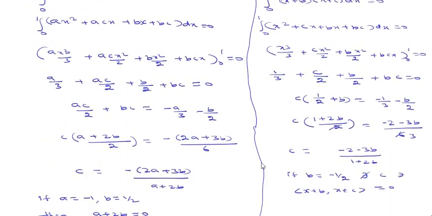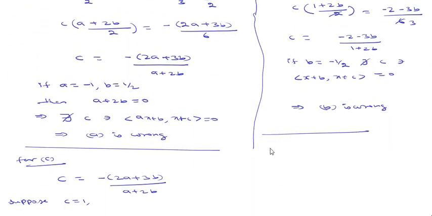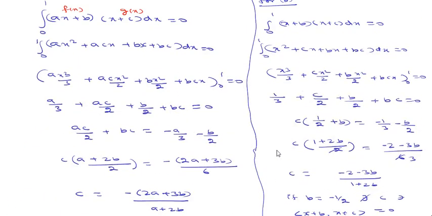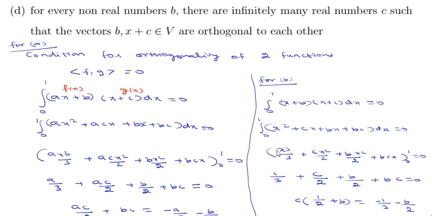Okay, so what happens to option D? Option D says for every non-zero real number B, there are infinitely many real numbers C such that these two vectors B and X plus C are orthogonal to each other.